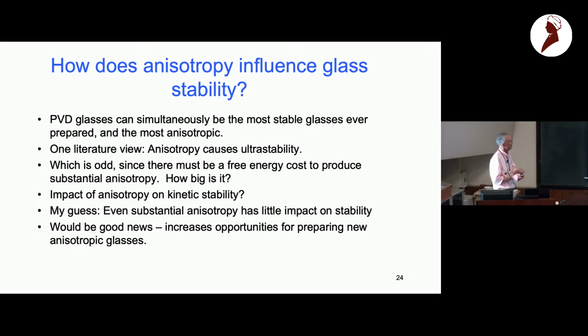I didn't really talk about that today, but that's another part of the story. And they can simultaneously be the most anisotropic, I think. And so one view in the literature is that one causes the other. The anisotropy causes stability. I don't think this is right, but it's an interesting idea.